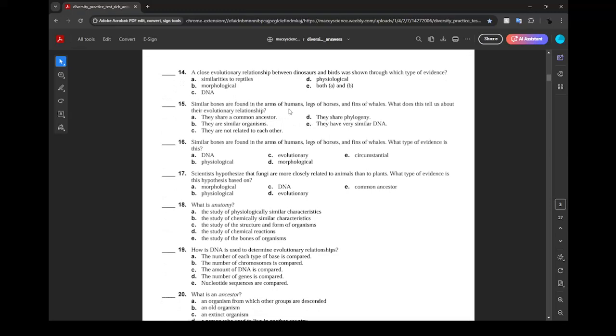Similar bones are found in arms of humans, legs of horses, fins of whales. What does this tell us about their evolutionary relationship? Wow. So they have very similar DNA, they share phylogeny, they share a common ancestor. Right off the bat, when you have the same sort of structure, similar bones, that's directly telling you common ancestor.